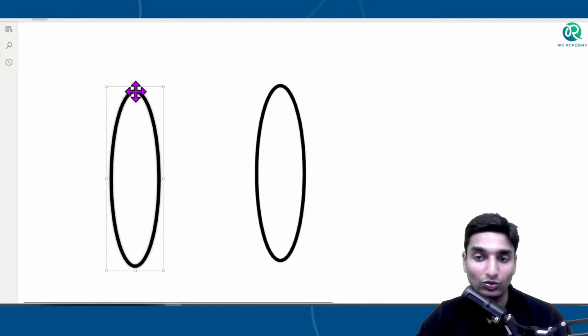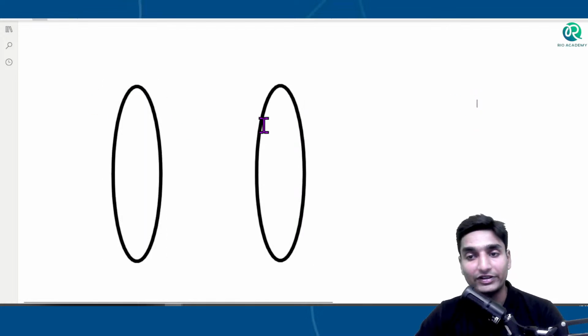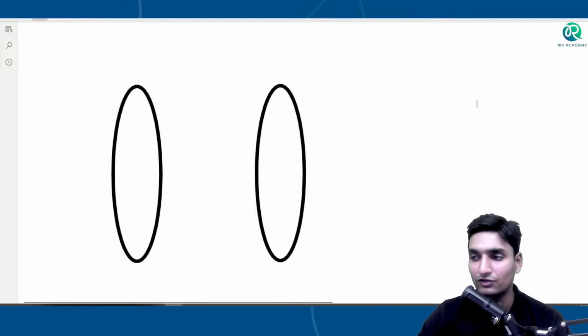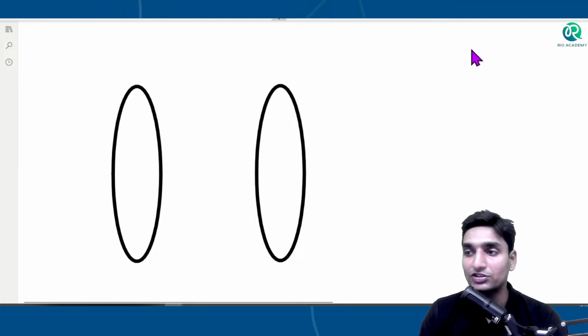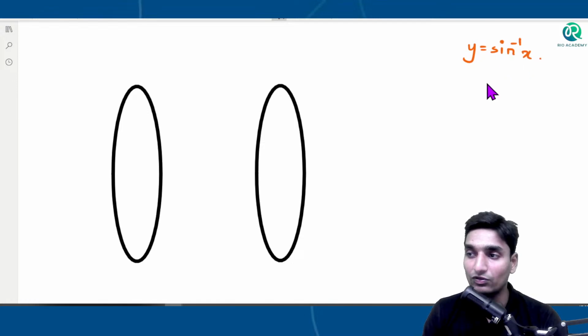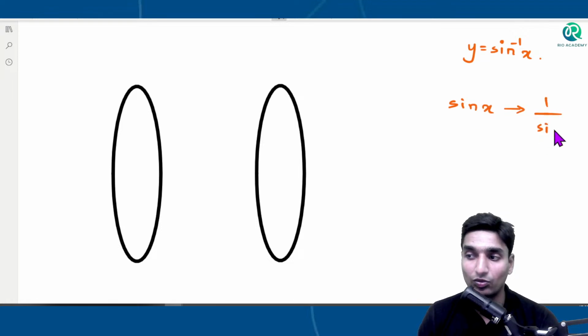They are known to be functions because they satisfy these given conditions. See, for example, if I take one condition here, y is equal to sine inverse of x. Sine inverse of x. Inverse basically means the reciprocal. Understand it in this way. Inverse, guys, is nothing but basically the reciprocal, 1 upon sine.